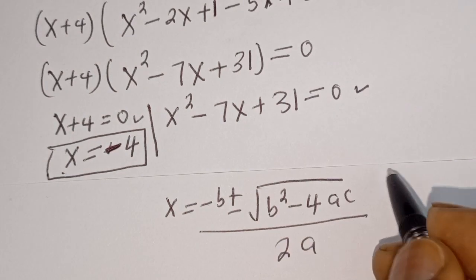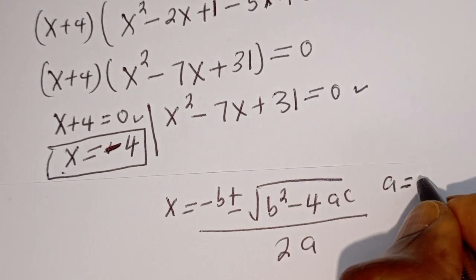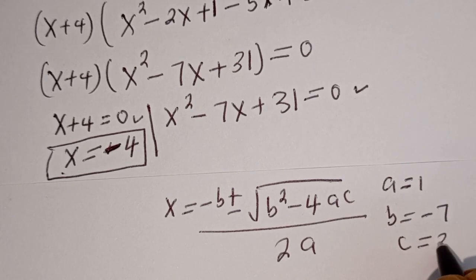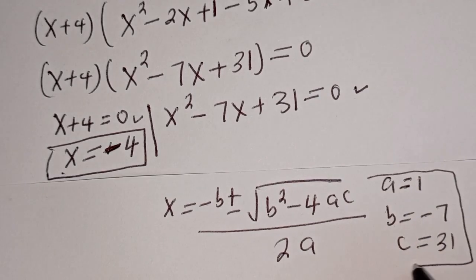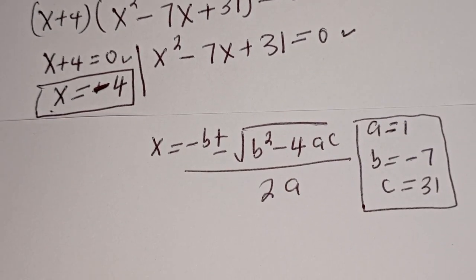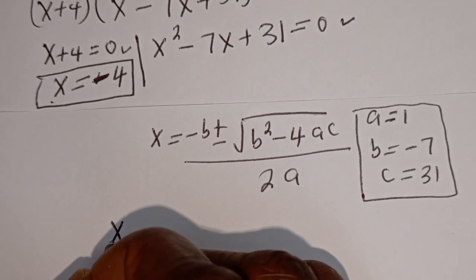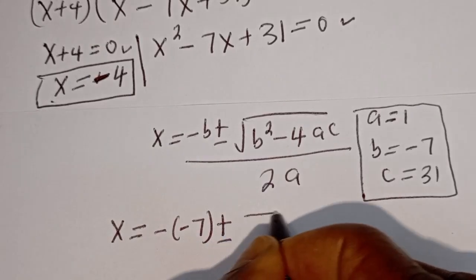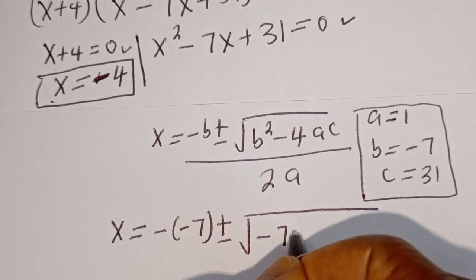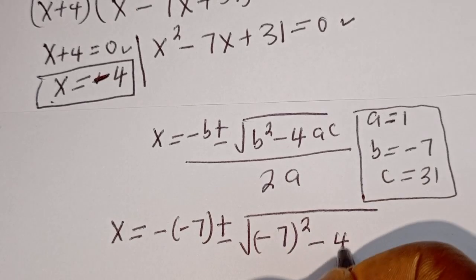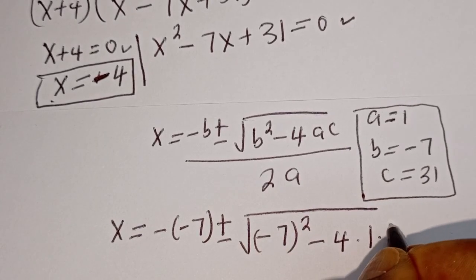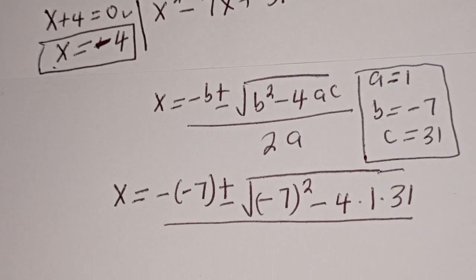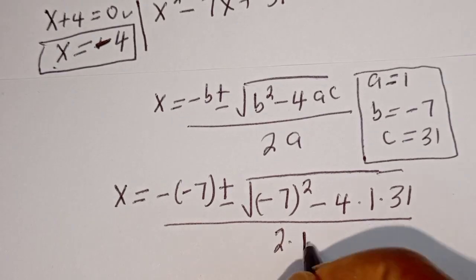From this equation, a is equal to 1, b is equal to minus 7, c is equal to 31.